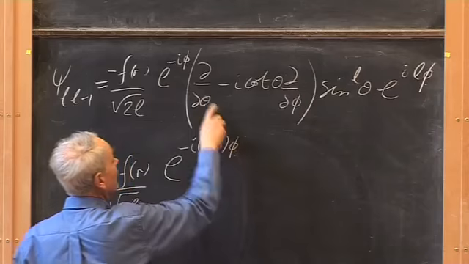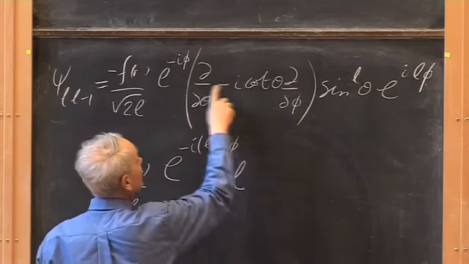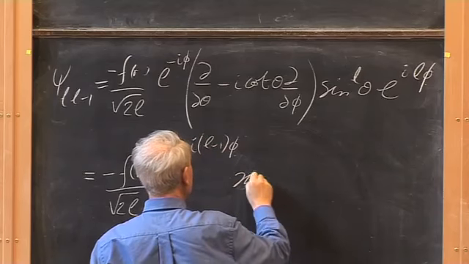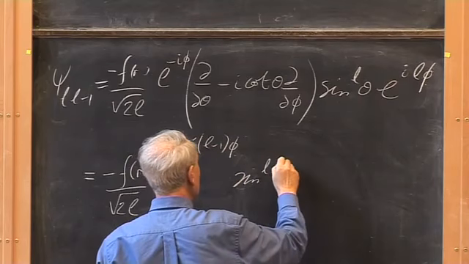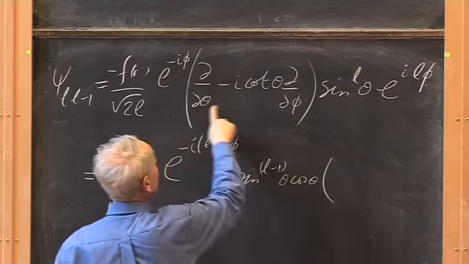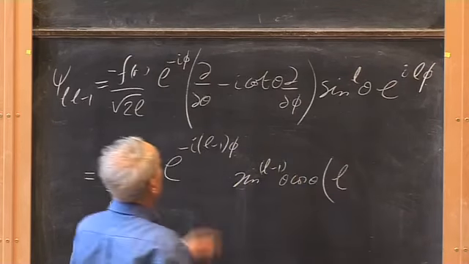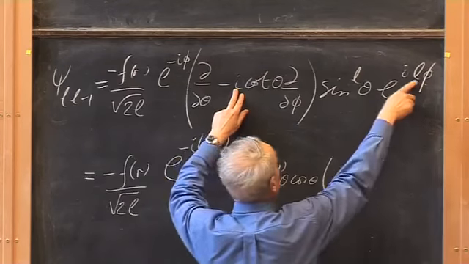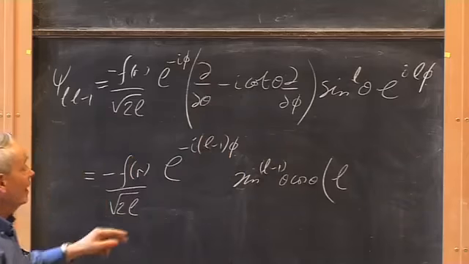And then from here, we're going to get an L. From here, differentiating that, we're going to get an L. Well, there's going to be a factor, sorry, of sine to the L minus 1 theta cos theta. And how many of them? From here, we'll have an L. And from here, we're going to bring down an L, well, an IL.